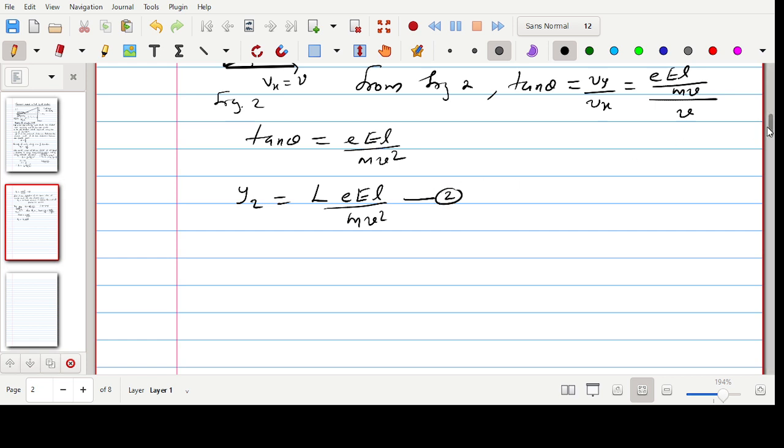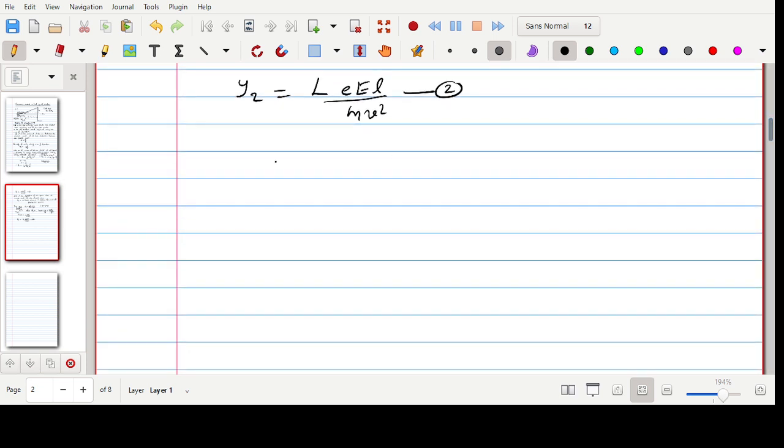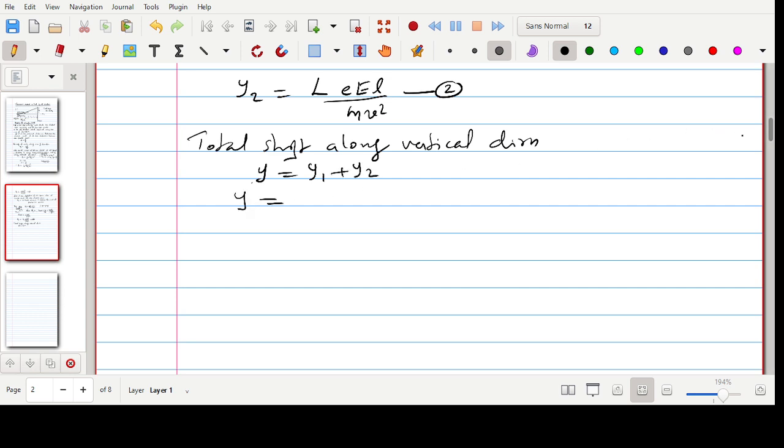So once you know y1 and y2, the total shift along vertical direction, y equal to y1 plus y2. So y equal to, what is y1?